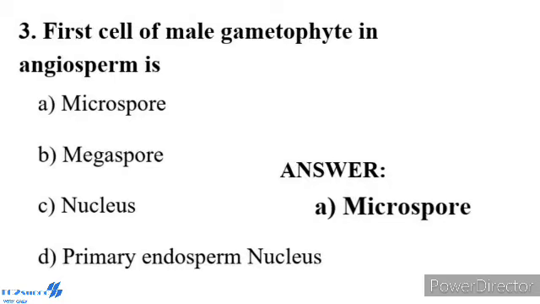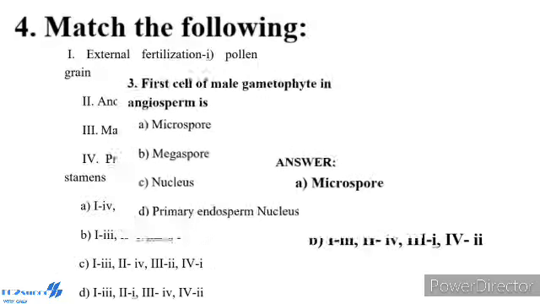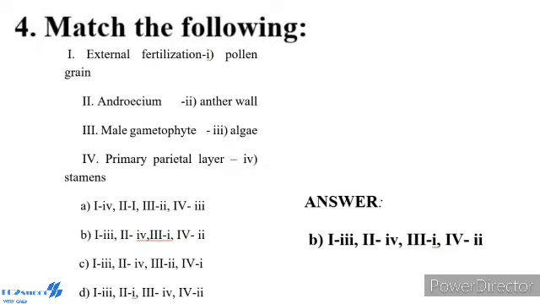Third question, first cell of male gametophyte in angiosperm is. A. Microspore, B. Megaspore, C. Nucleus, D. Primary endosperm nucleus. So the answer is A, Microspore. Question number 4. Match the following.